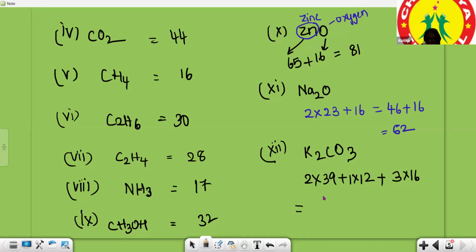Tell me the value. 136, ma'am. No, it is 138. This 2 into 39 is 78, plus 12, plus 16 threes are 48. It is going to be 138.